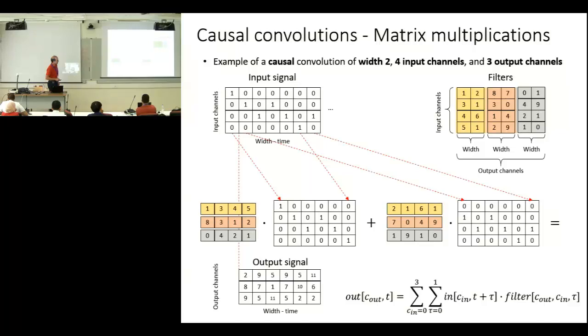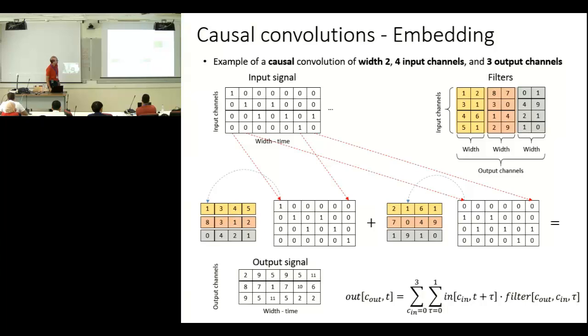Here is how the output is produced by multiplying the input signal with a filter in that example. And we can see just how it works.